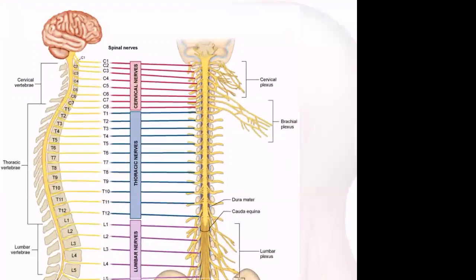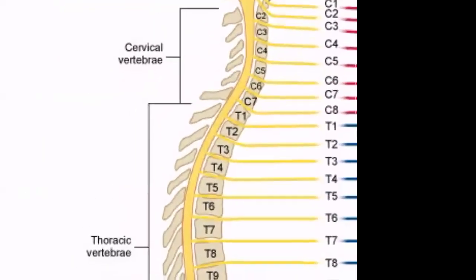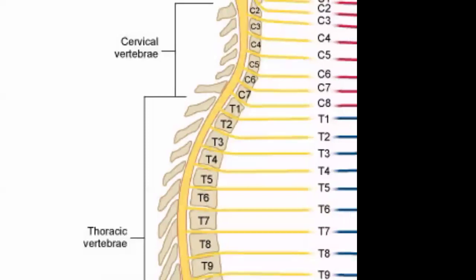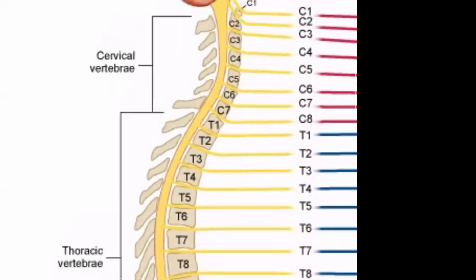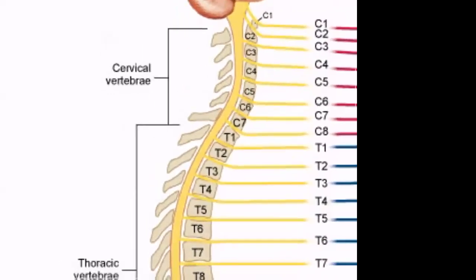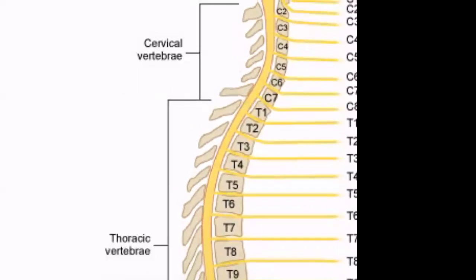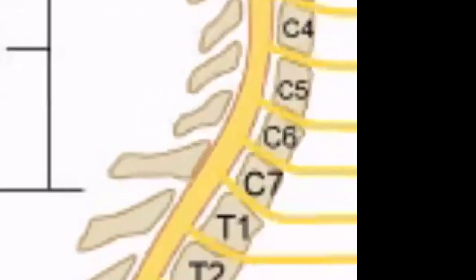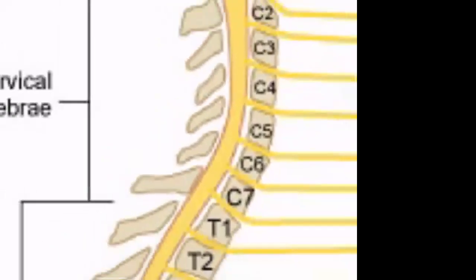So I said earlier, remember the spinal cord goes down through the vertebrae, through the vertebral foramina. As the spinal cord descends, there are branches of nerves that come off and go out from the spinal cord underneath each vertebra.